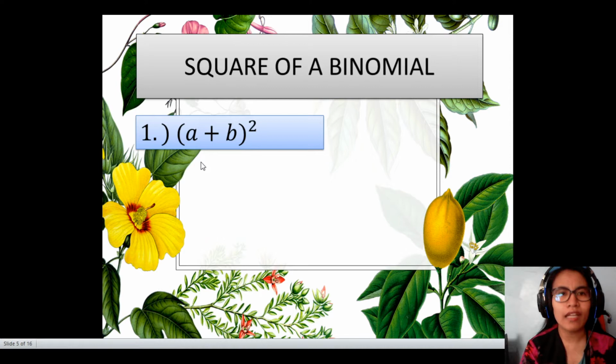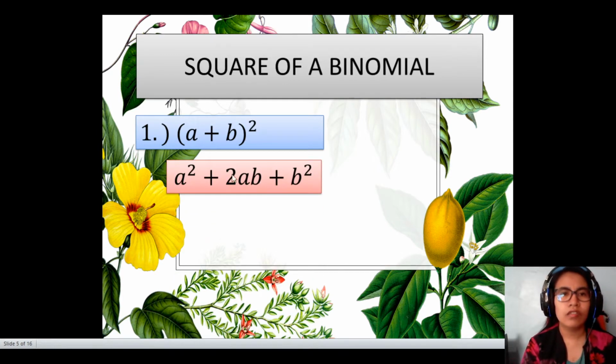Then after that, you multiply a and b. Then multiply it to 2. Then for the final or the last term of your answer will be the square of our last term on the given. So here is how it looks. So you have a squared plus 2ab plus b squared.